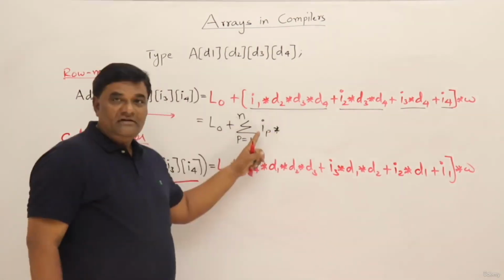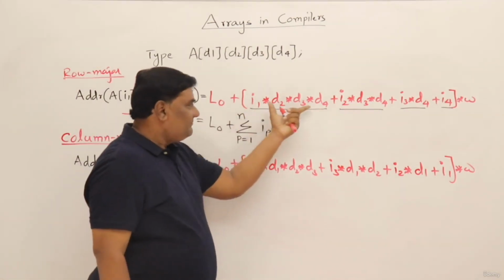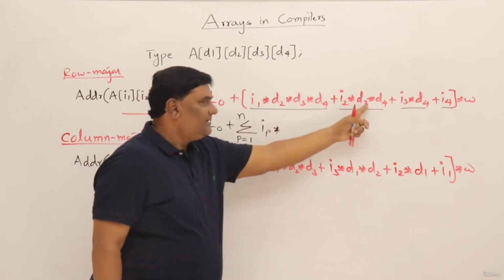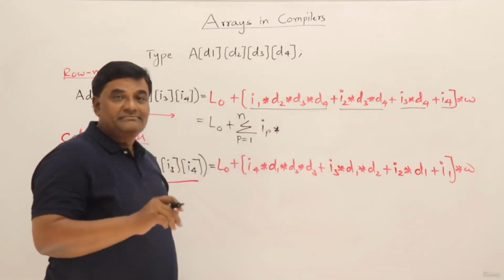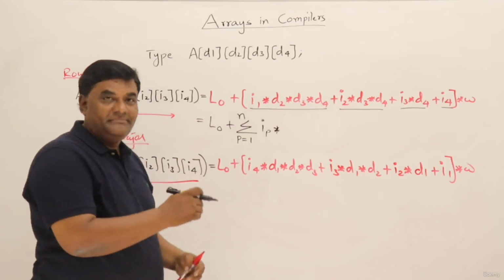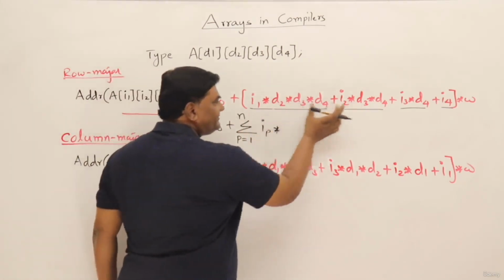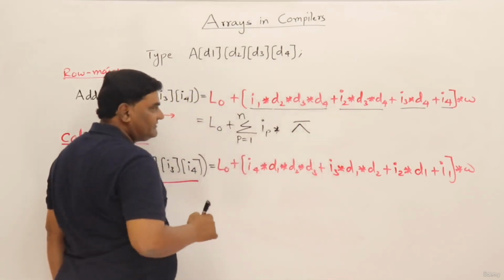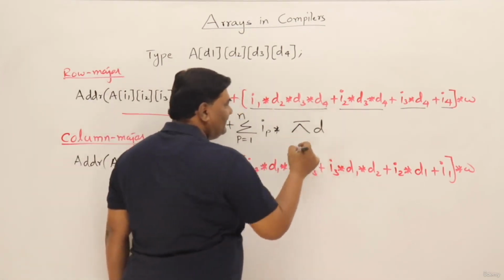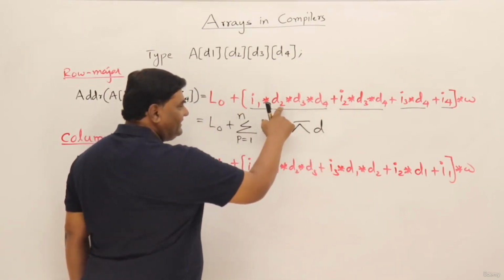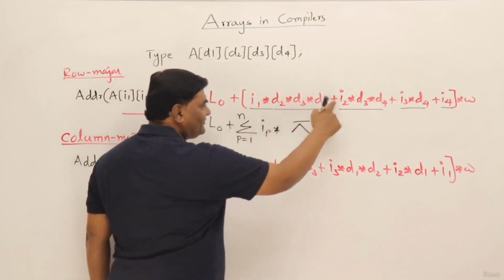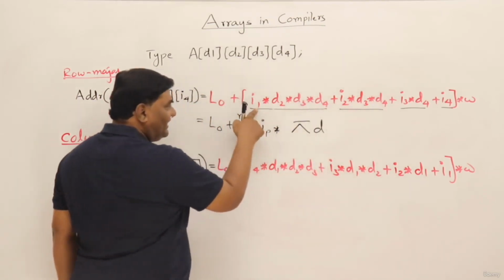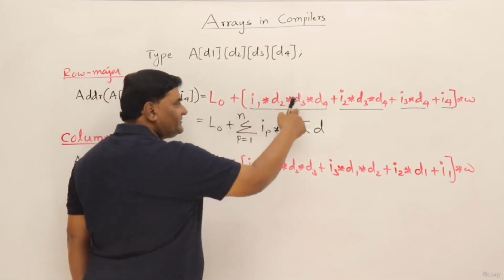Next, every index is multiplied by dimensions. This I2 is multiplied by D3 and D4. So it is multiplied by a product of dimensions. So we can use the product pi of D. Now these dimensions take subscripts 2, 3, 4.